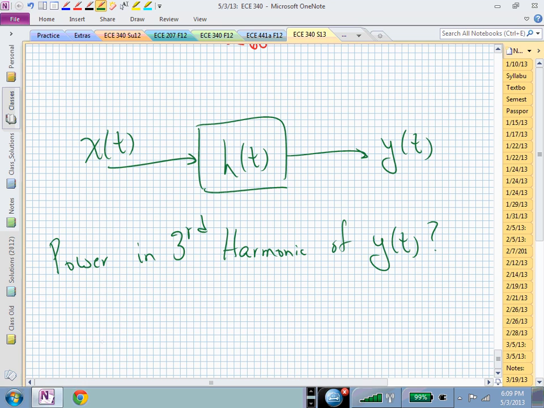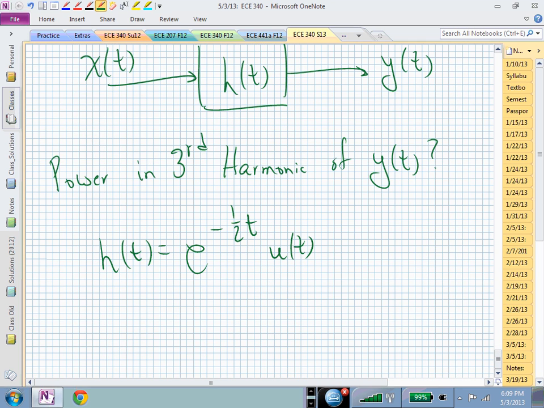And now let's say that somebody says, oh, the impulse response of your system is given by little h of t as e to the minus 1/2 t u of t. And they now say, what's the power in the third harmonic of the output?